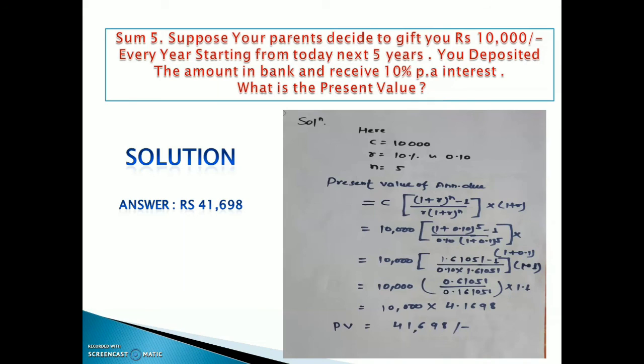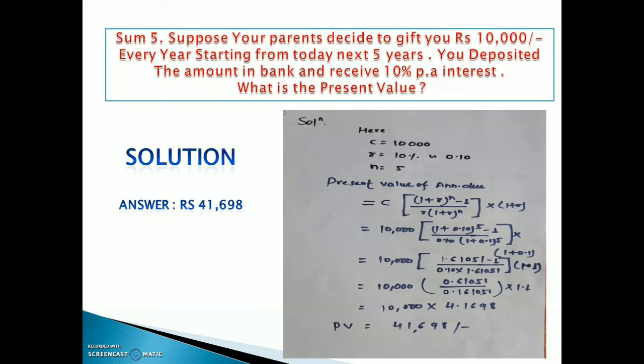That means the cash flow takes place at the very beginning of the period, that is called the annuity due. So this problem is related to the present value of annuity due.